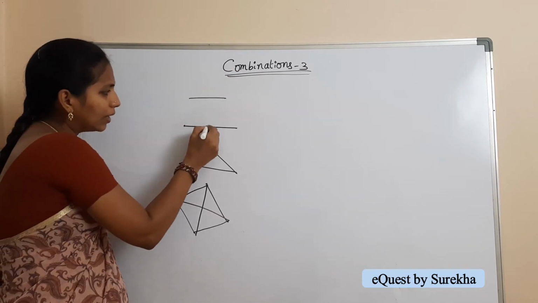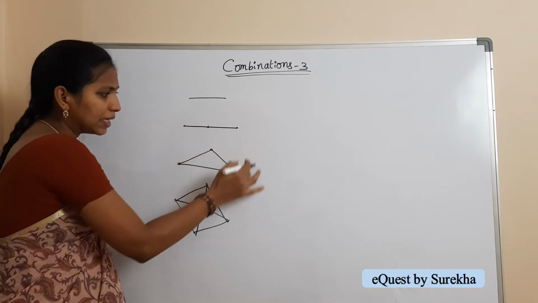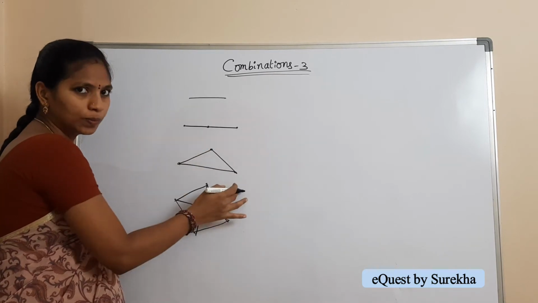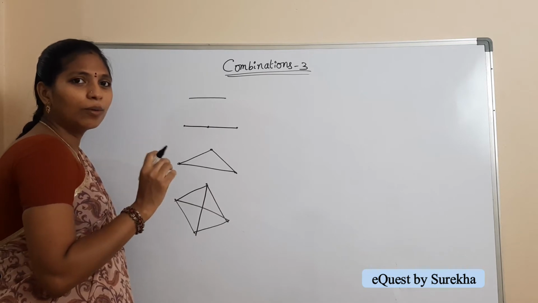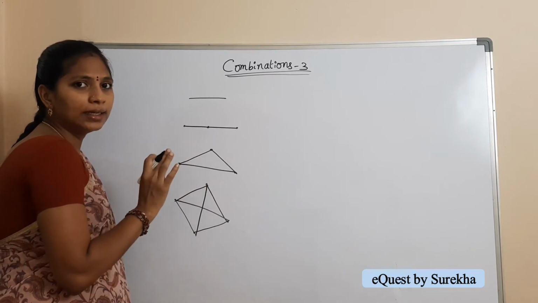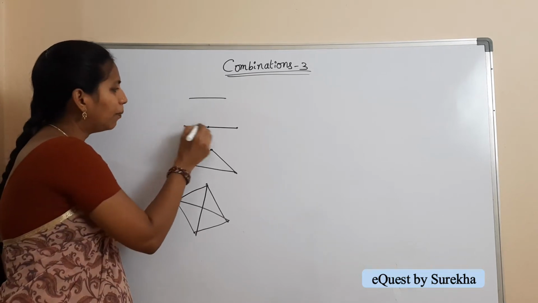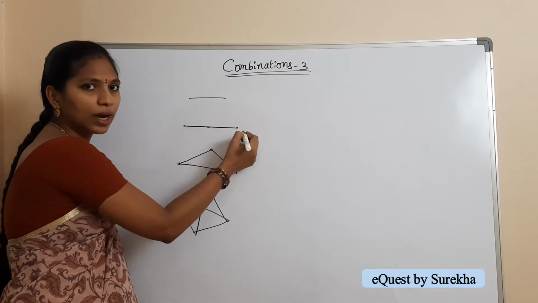See, here there are 3 points and here also 3 points. But there is a difference between these two. If 3 or more than 3 points lie in the same straight line, then these points are collinear points. See, 3 points present in the same straight line.